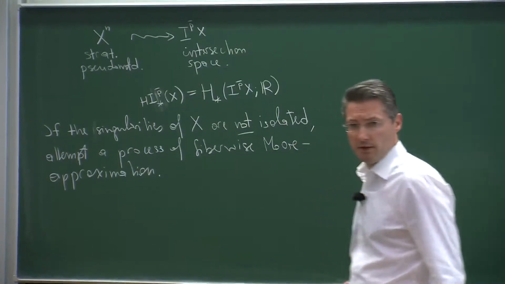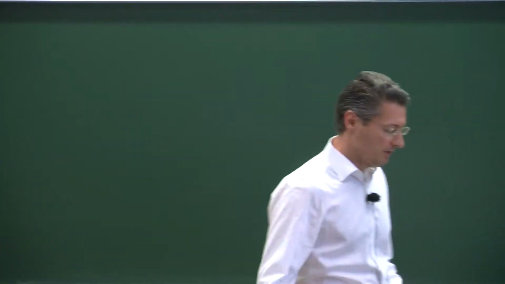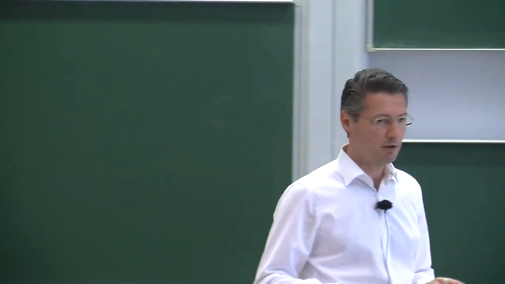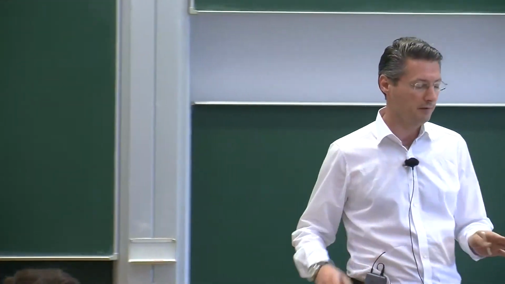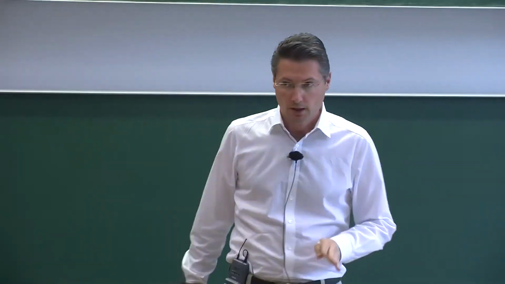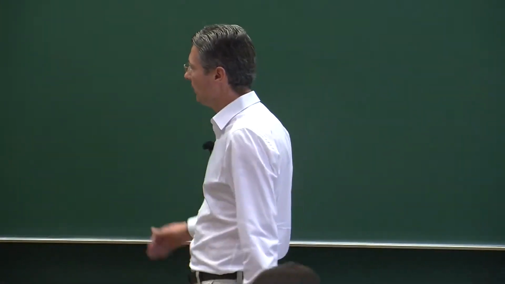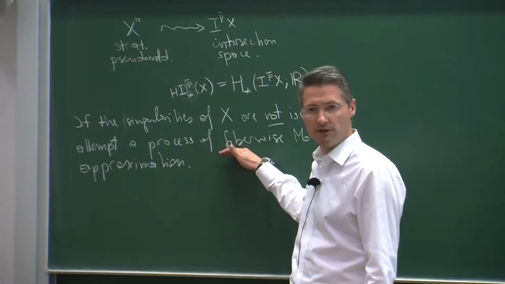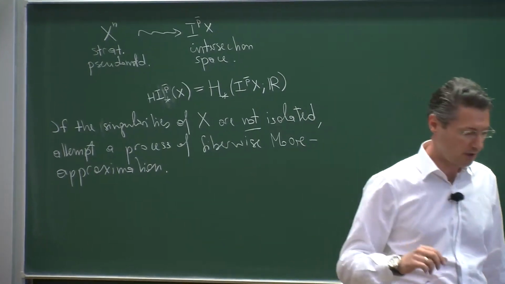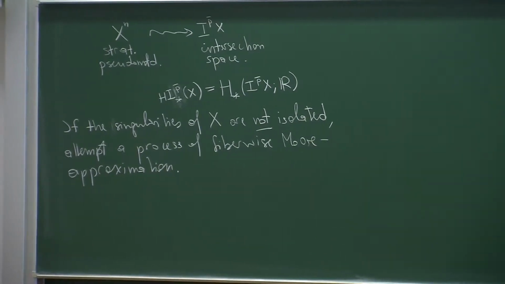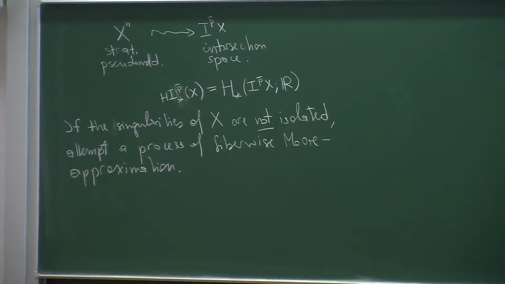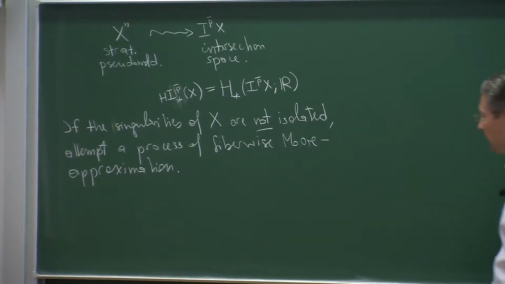And at this point, things get very interesting. There is now not a close parallel anymore between the development of intersection homology, because at this point, either of two things can happen. Either such a fiber-wise Moore approximation is possible or it is not. So in general, it is obstructed. And we know some obstructions by now for this to be possible.